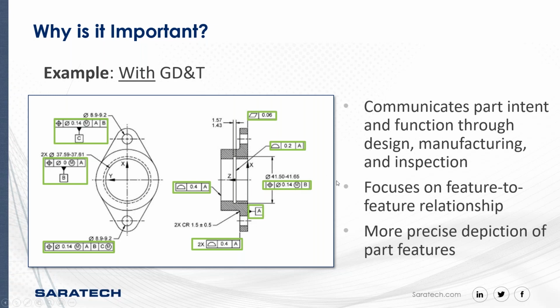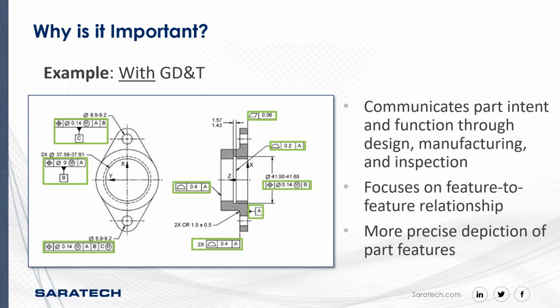But it does not have the feature-to-feature relationship that we might want relative to, say, surface A, right? So this can have an angle and still pass inspection. However, it does not capture the design intent. Okay? And it has more precise depictions of part features.